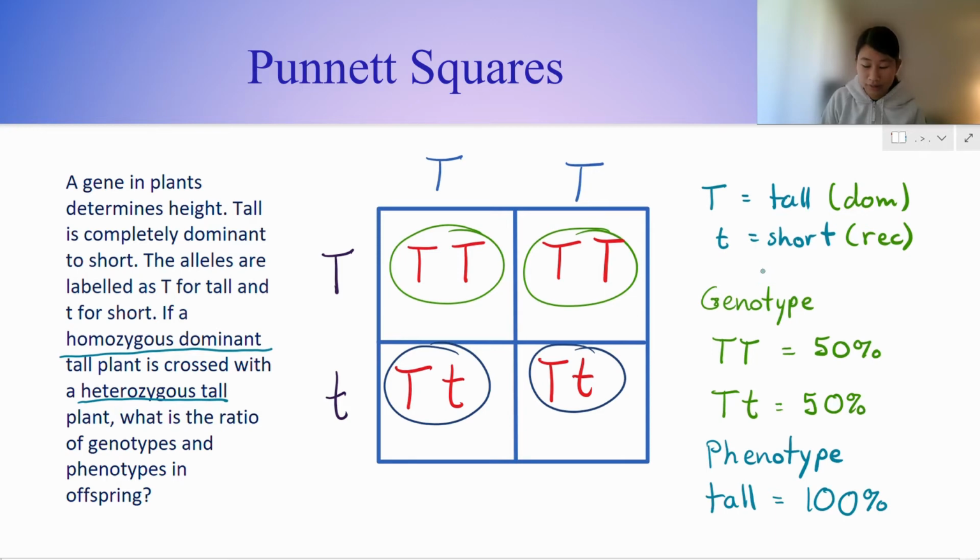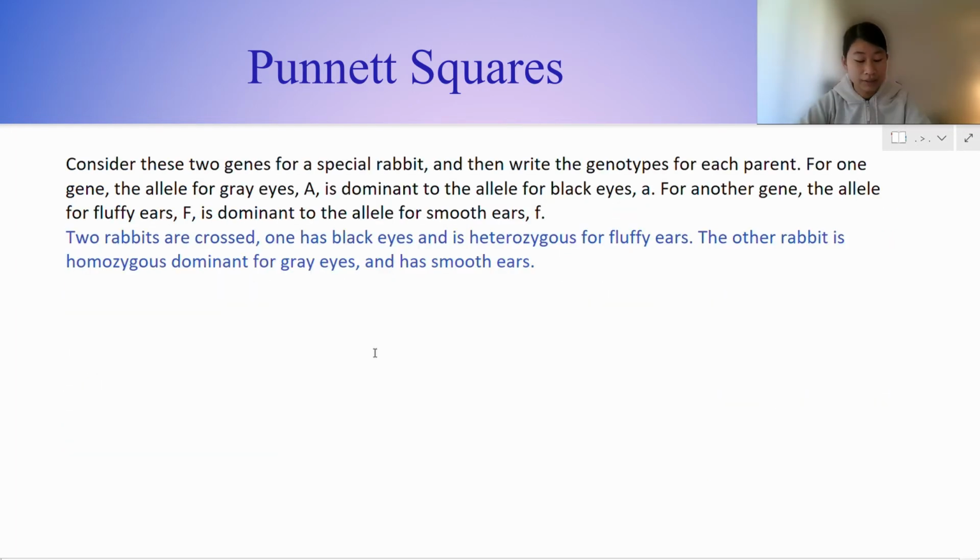You would have to have 2 little t's to be short, because that's a recessive allele. And so the genotype and phenotype ratios are right here. 100% of them are going to be tall, and the genotypes are going to be 50% homozygous dominant and 50% heterozygous.